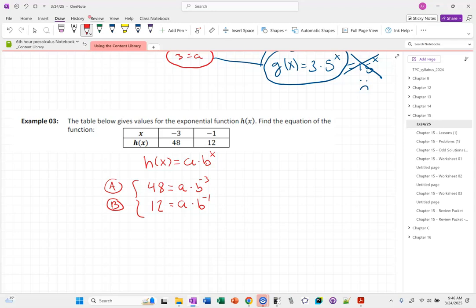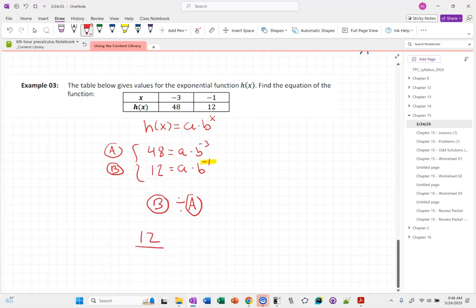I want to pick the equation that has the biggest exponent for b and make that the numerator of my division problem. The one with the bigger exponent is equation B because -1 is greater than -3. So I'm going to do equation B divided by equation A.